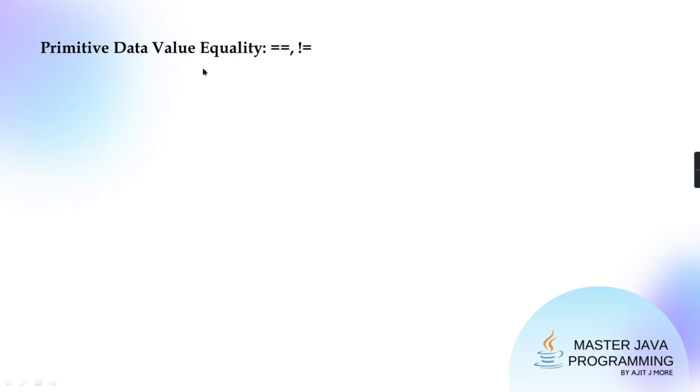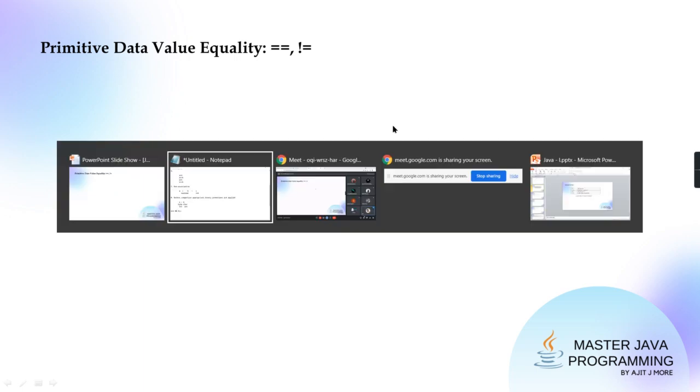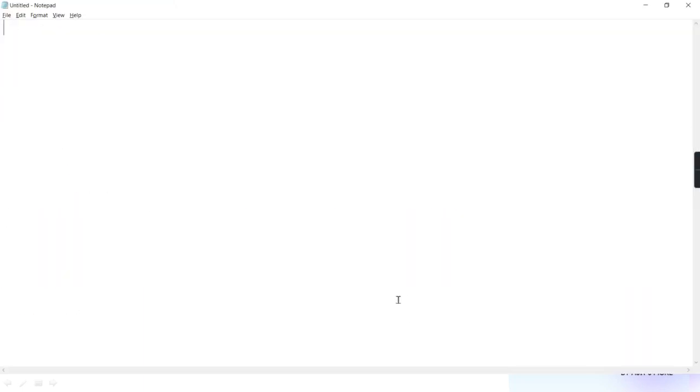Why have we not taken these two operators in the relational operators category? Because the operands of these two can be primitive and also reference. You understanding guys? Please make it clear. First tell me, if I do A less than B, can A and B be reference? True or false? Is it false?